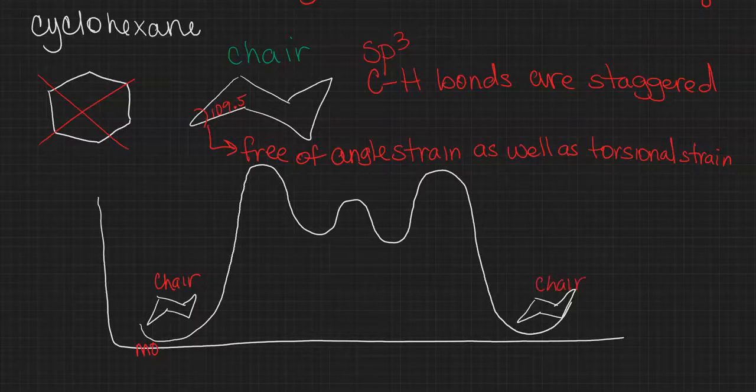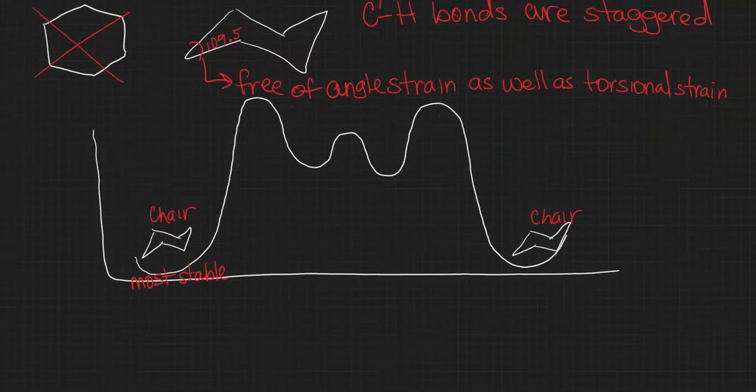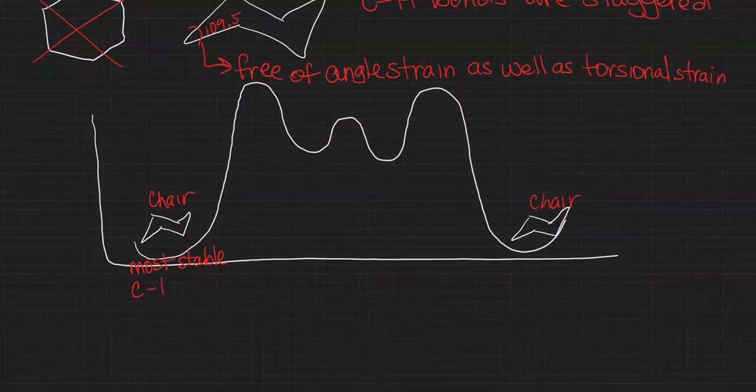The carbon-hydrogen bonds are staggered, and it is lower in energy.